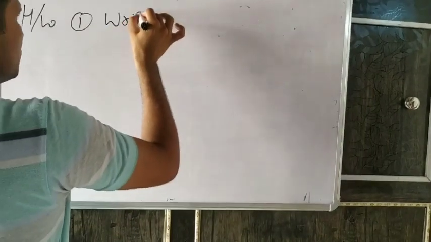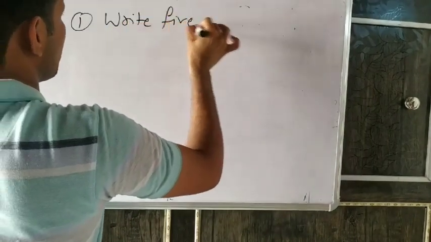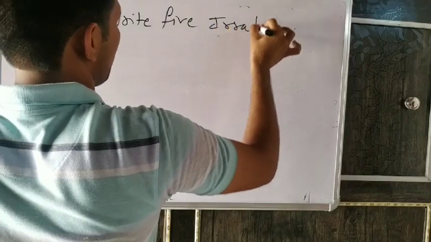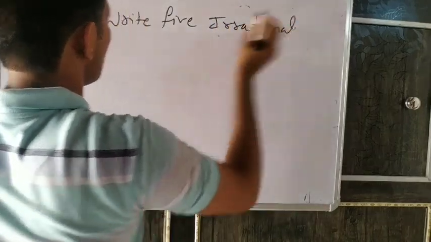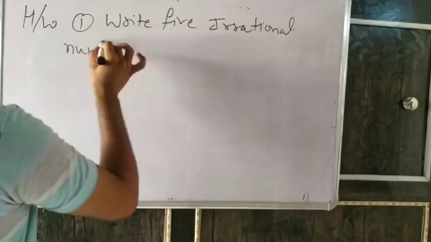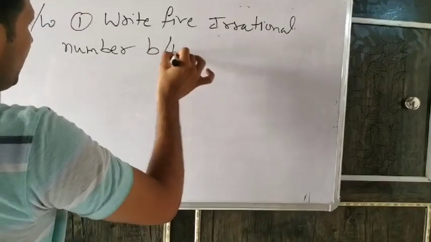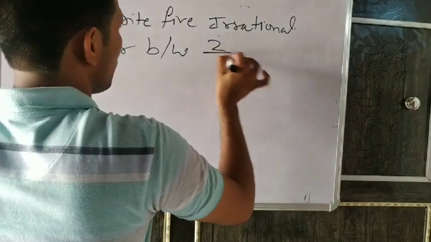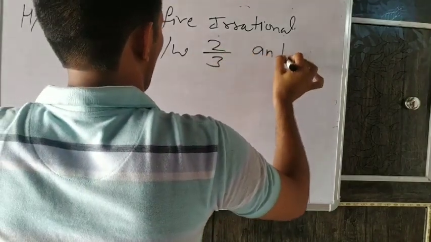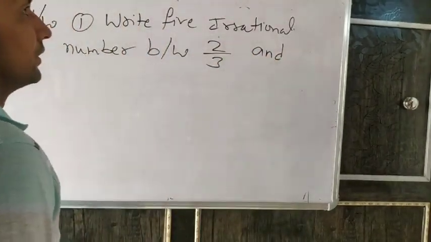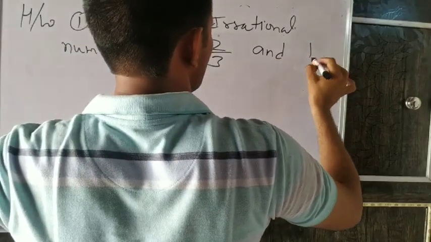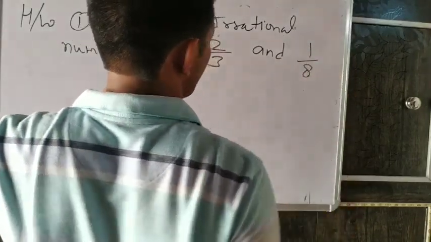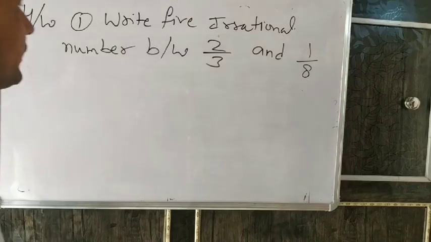Write 5 irrational numbers between 2 by 3 and 1 by 8.